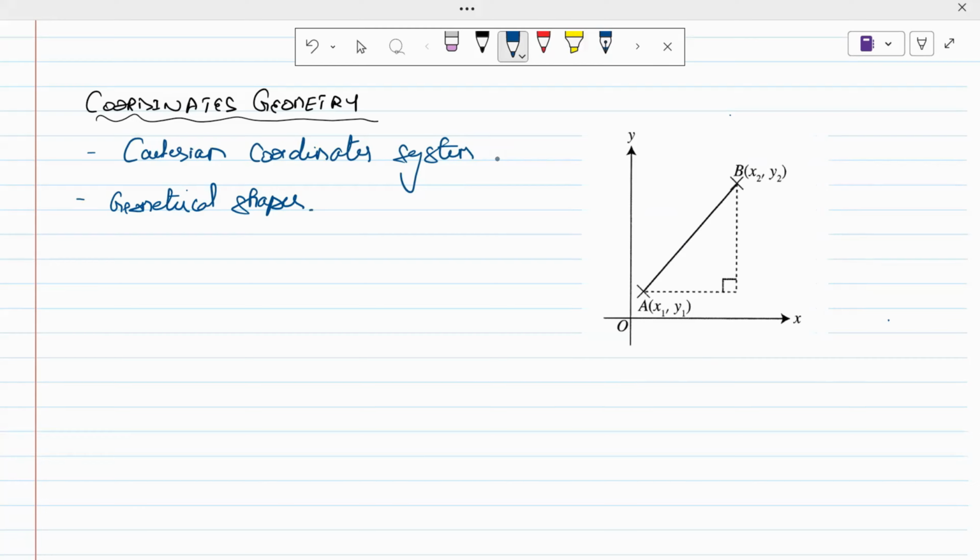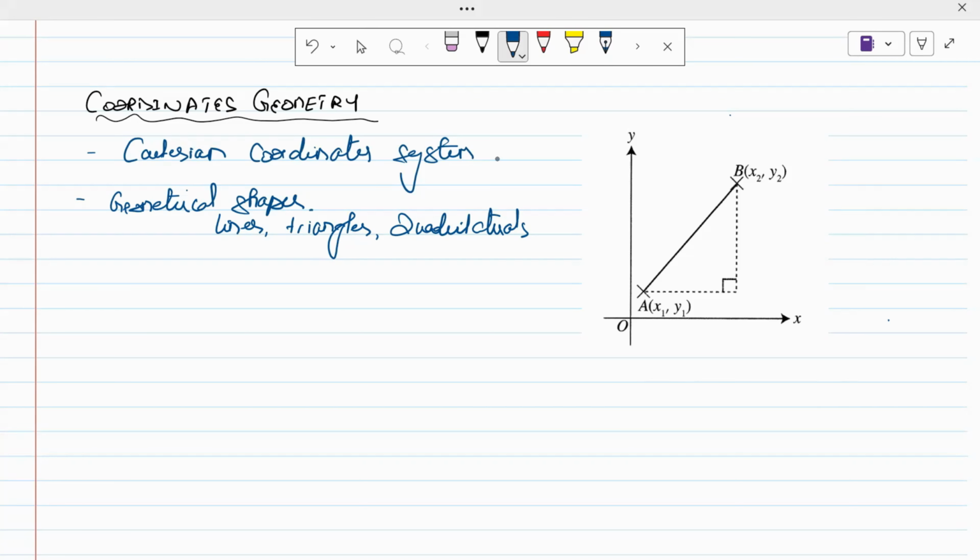So geometrical shapes can be lines, triangles, and quadrilaterals. And for quadrilaterals, we can expect rectangles, squares, trapeziums, parallelograms.